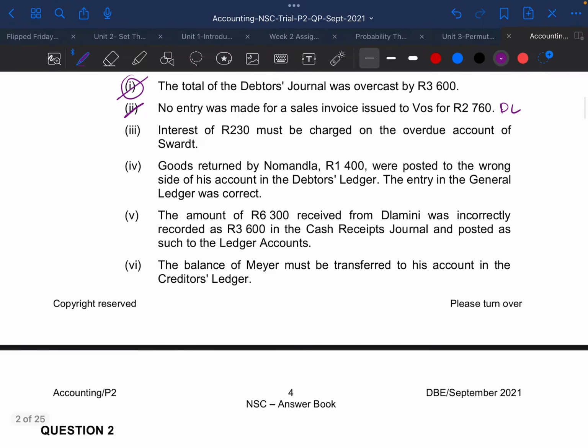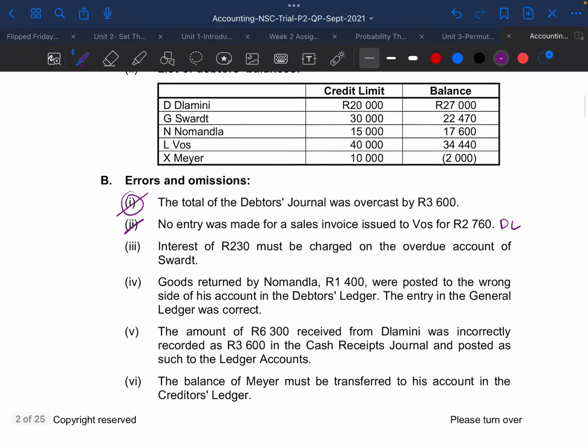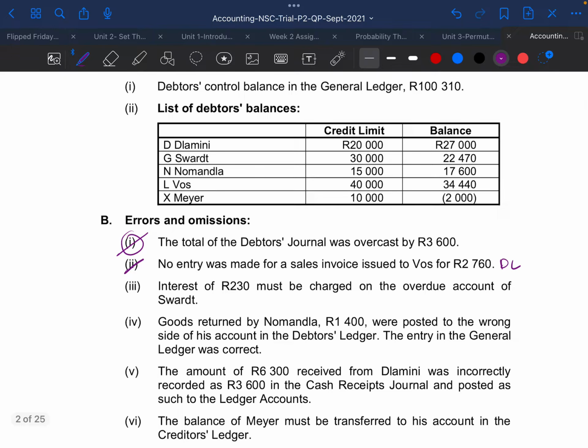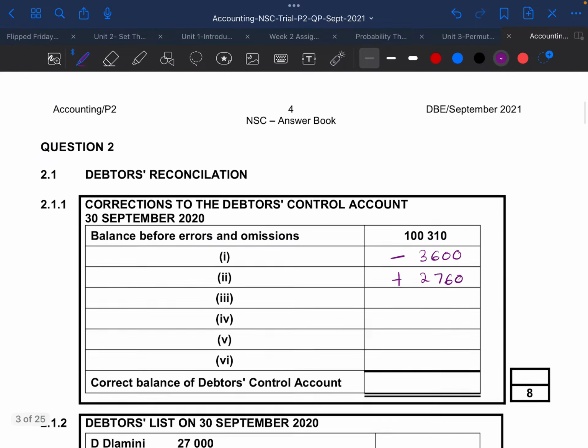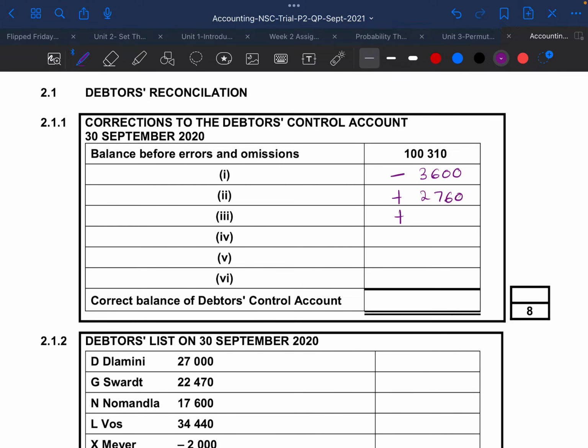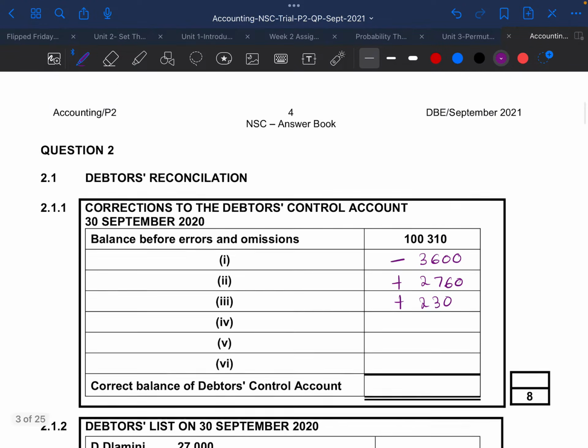And then the third one: interest of 230 must be charged on the overdue account of SWAT. Okay, SWAT is a debtor here, so we must charge 230 of interest. So we are gonna add 230 of interest there.